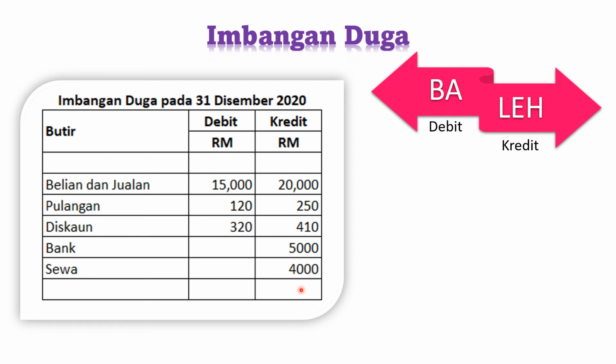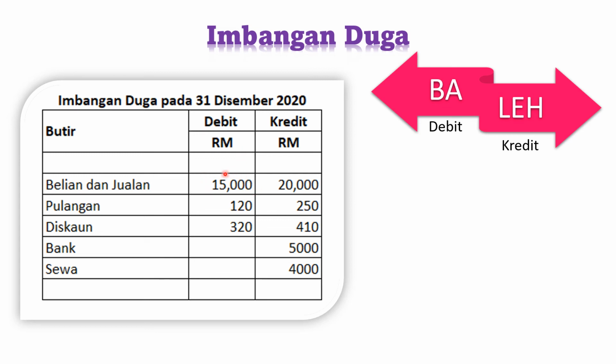Okay, in order to figure out the pulangan, let's see which one is belian or jualan. Okay, so from the imbangan duga and balai, we know belian adalah sejenis belanja, so it's on the debit side, 15,000 ringgit, and jualan adalah sejenis hasil, so it will be on the credit side, which is 20,000 ringgit. And we also know that pulangan adalah songsang kepada belian atau jualan.